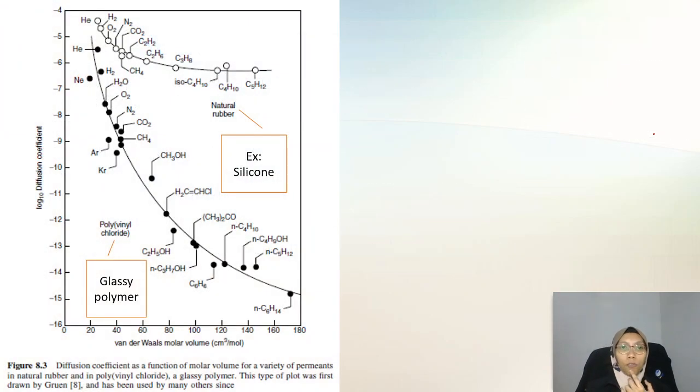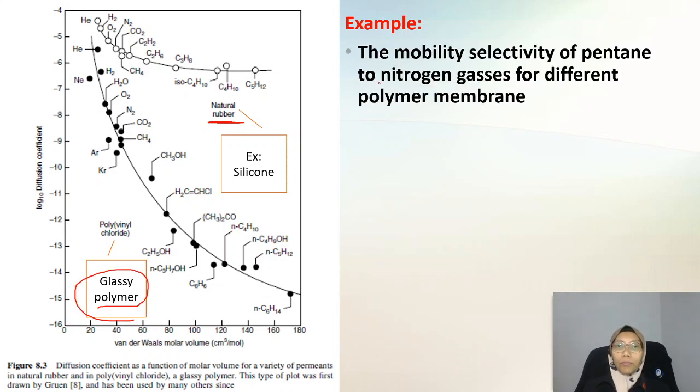So we can see here, this one is rubbery, and this one is an example of glassy. This graph shows the diffusion coefficient D, the mobility selectivity of pentane, which is C5, to nitrogen gas, for different membrane polymers.